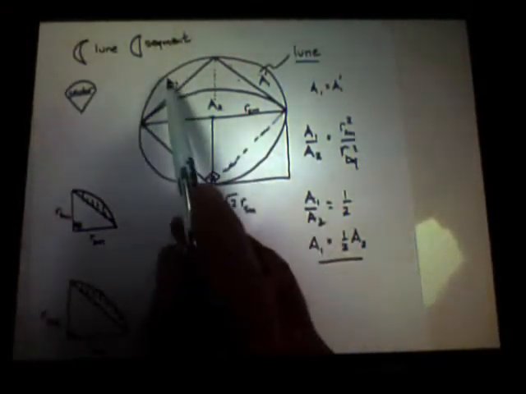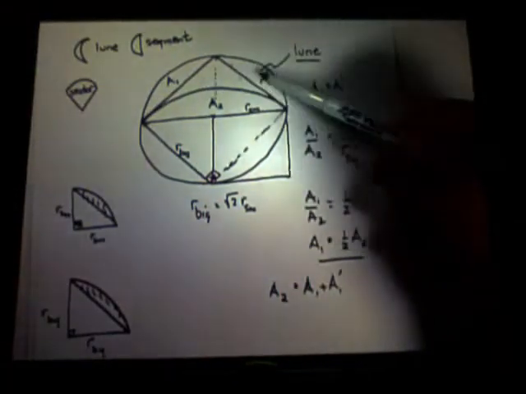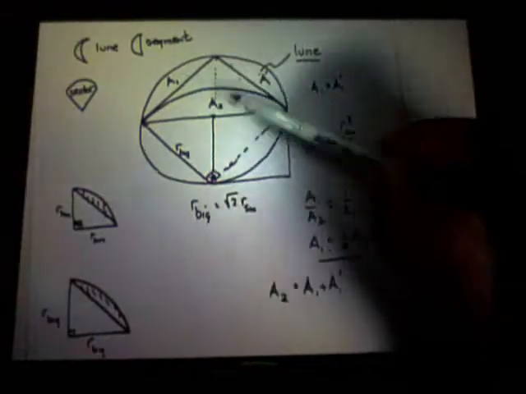A2, since A1 is half of A2, this plus this must be A2, right? So this area and this area actually now equal that area. So the two little segments equal the big segment.